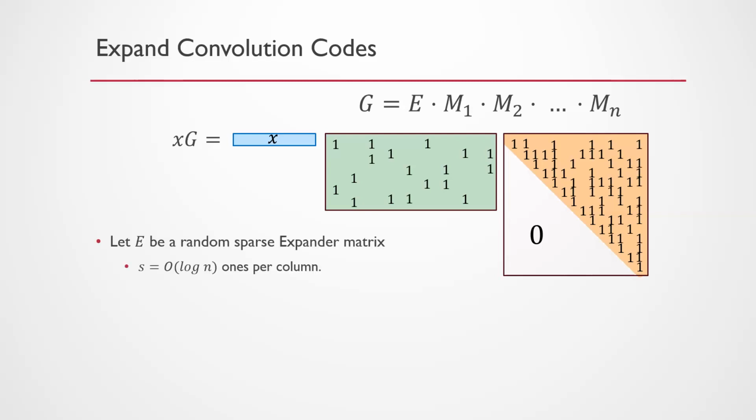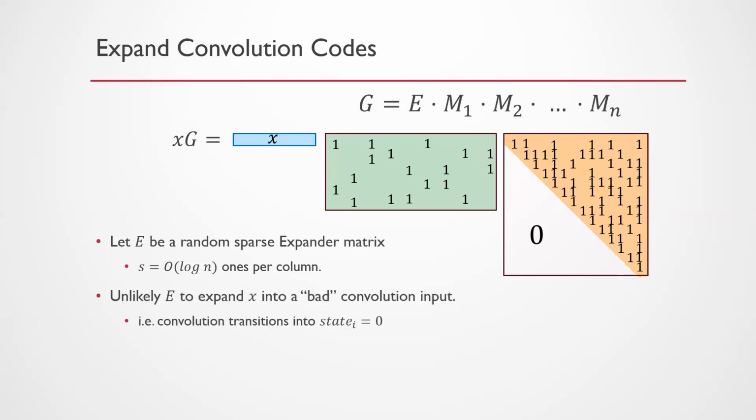And so the intuition, at least, is that this expander will take this X message and expand it into a larger message. But because you're expanding it in this random way, you don't have full control over the expanded X. Maybe you could set the first so many positions to be whatever you want, but the second half of it might be out of your control.